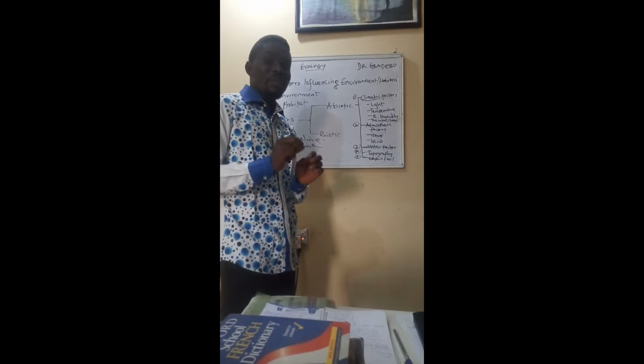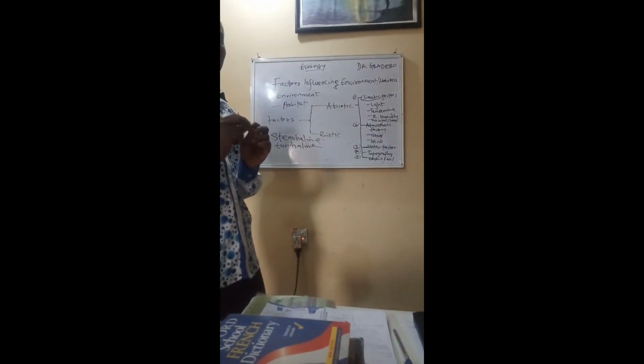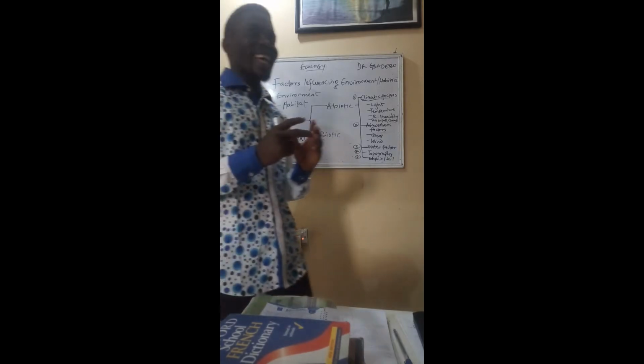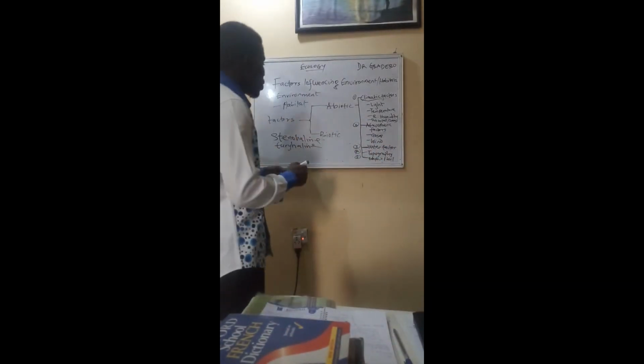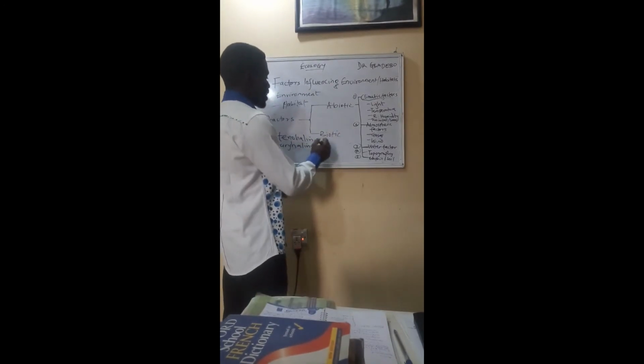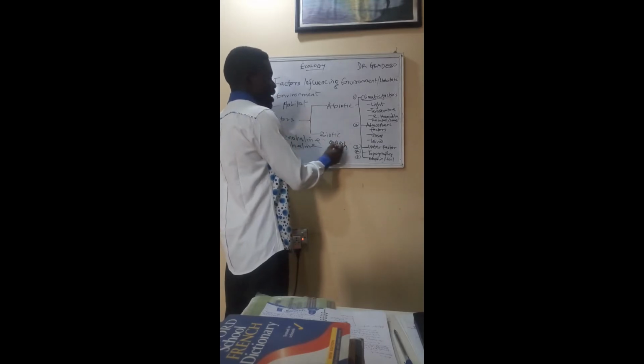And if the range of salinity changes becomes too much, they will die. They won't survive. An example of stenohaline, we have goldfish. Goldfish is a stenohaline organism.